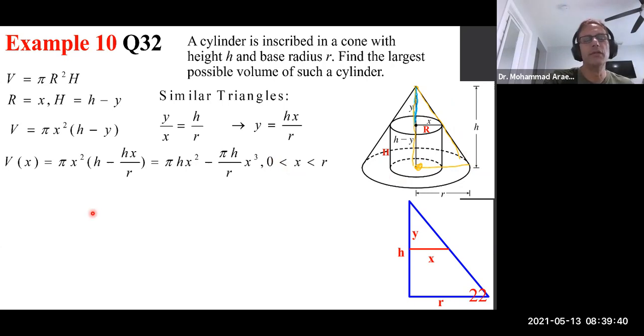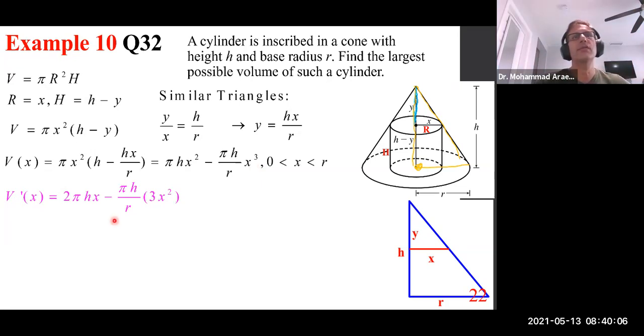We take the derivative. Now that it is a function of one variable and we have our domain, we are ready to move on with the calculus part. Everything done so far is pre-calculus. V prime: x squared becomes 2x, you put the 2 in front, minus pi h over r, which is just the coefficient, times 3x squared.